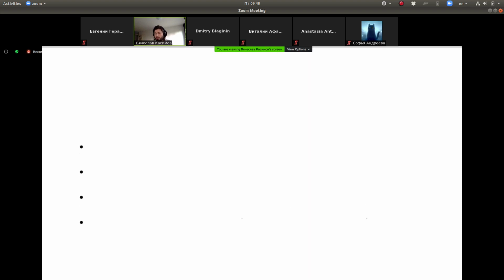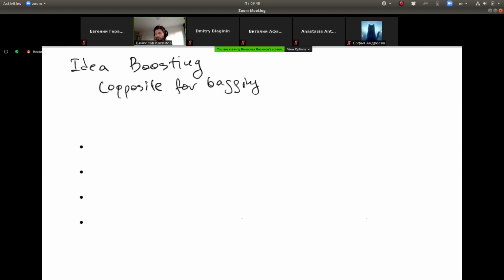Okay, so let's introduce boosting, like something very opposite to bagging. Let me make this column for boosting and this for bagging. So here we will take very simple models.